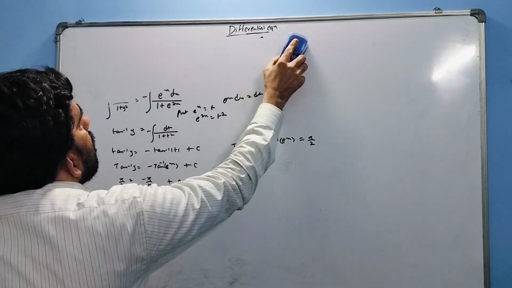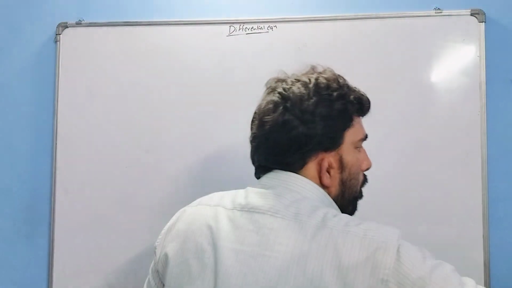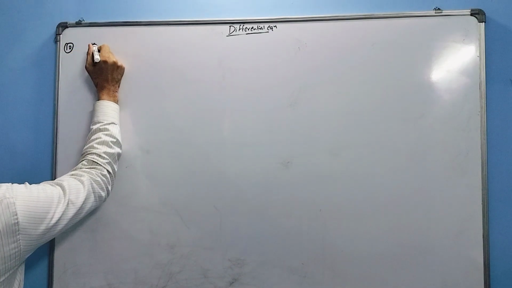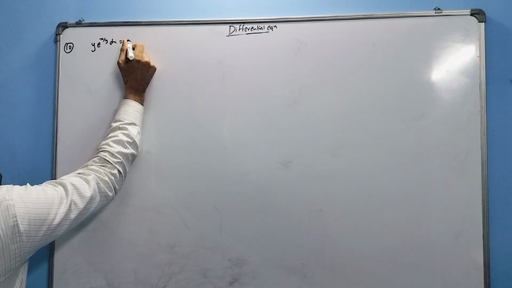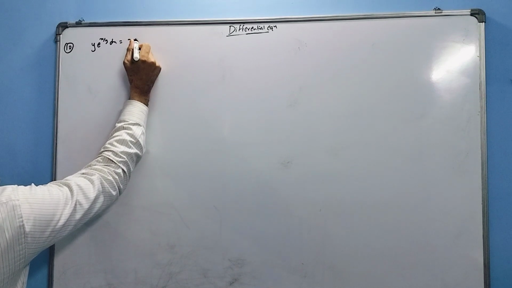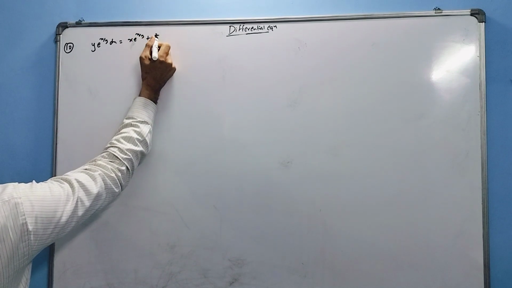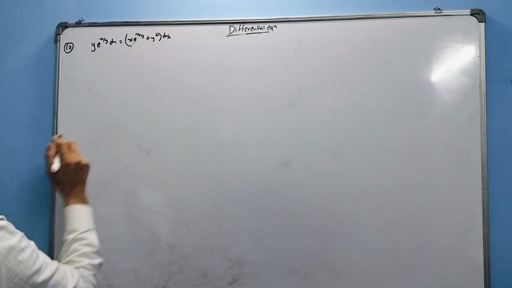Now the question is, we need to solve the differential equation, that is y e raised power x upon y dx is equal to x e raised power x upon y plus y square dy, where y is not equal to 0.